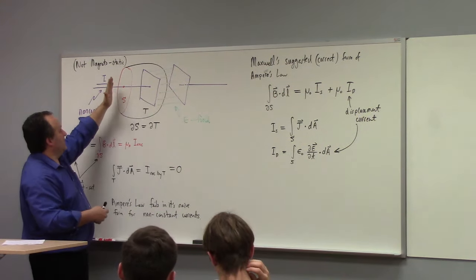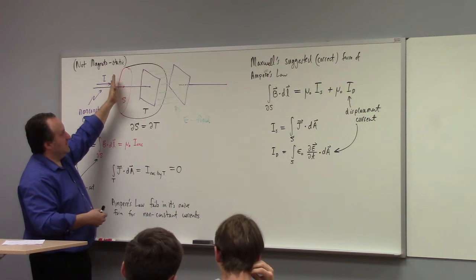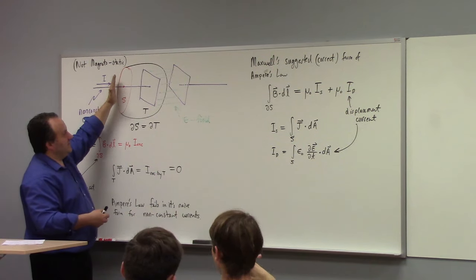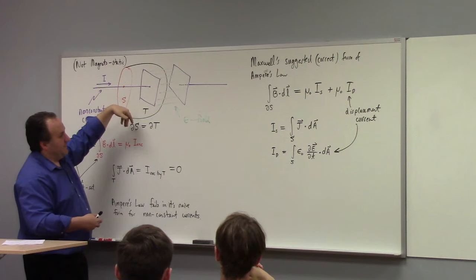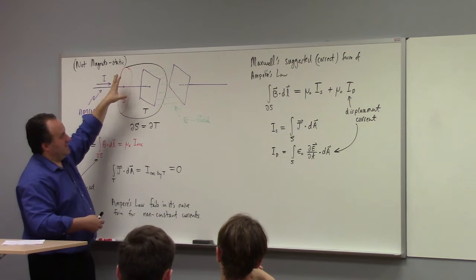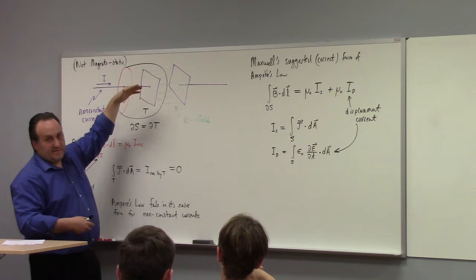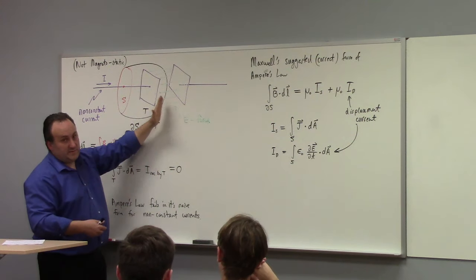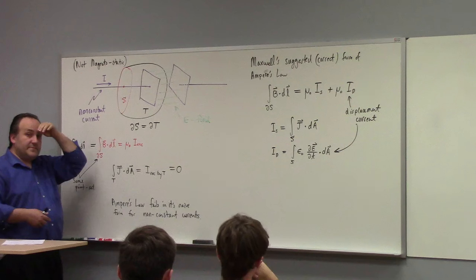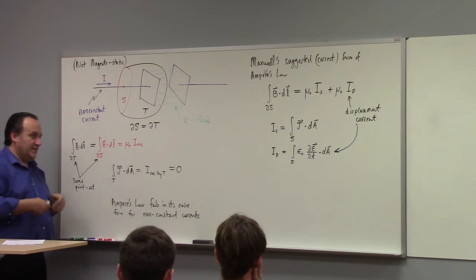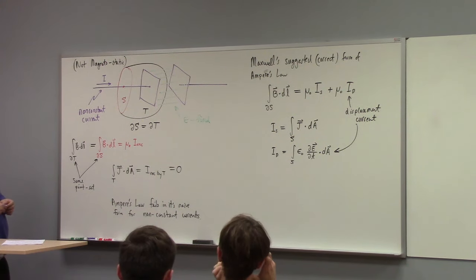The displacement current through S might be 0, whereas the physical current's non-zero, whereas through the black one, the opposite's true. The physical current is 0, the displacement current's non-zero because the electric field's changing between the plates. All right, this is the idea. And it turns out to be correct.